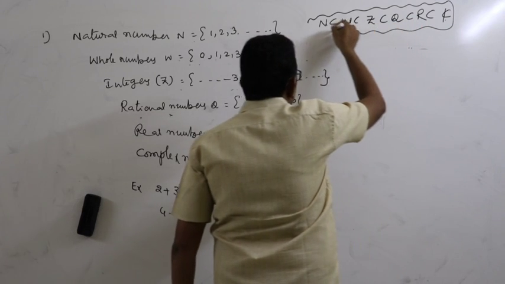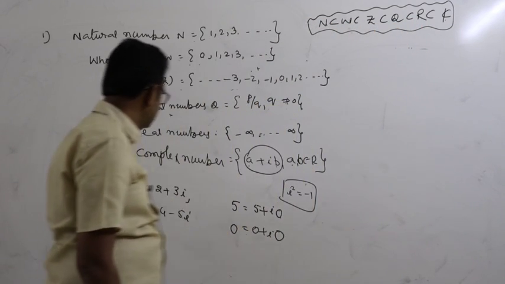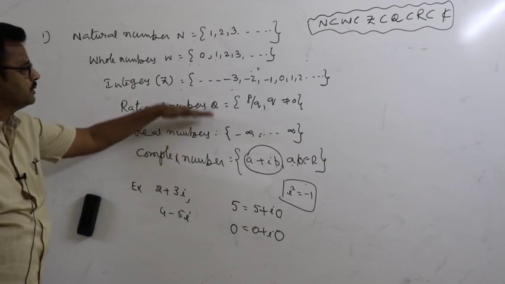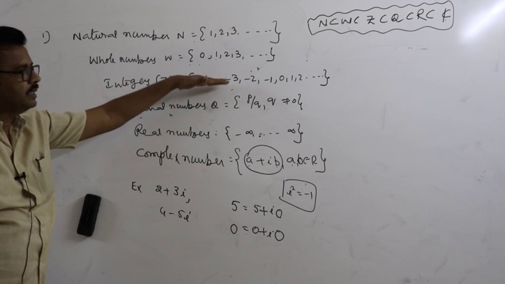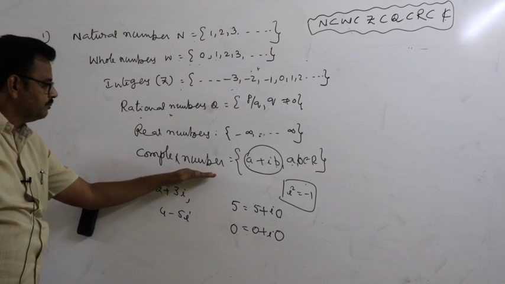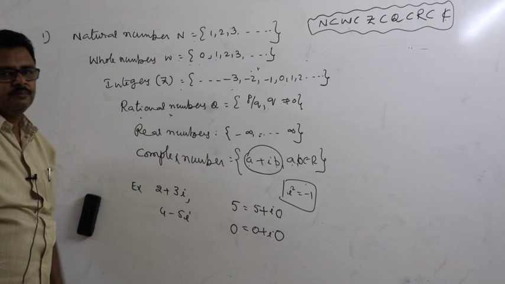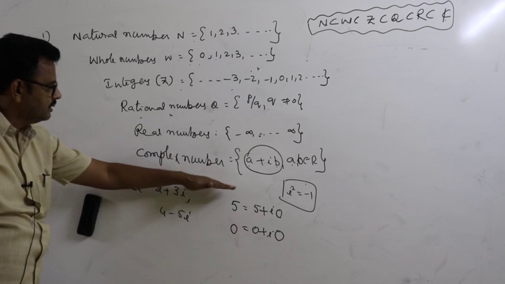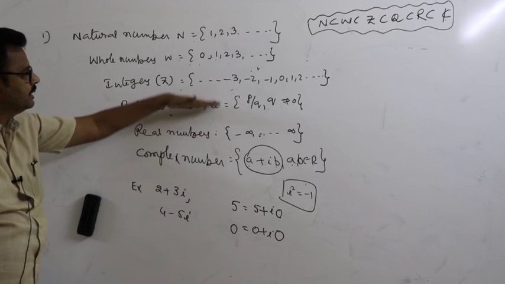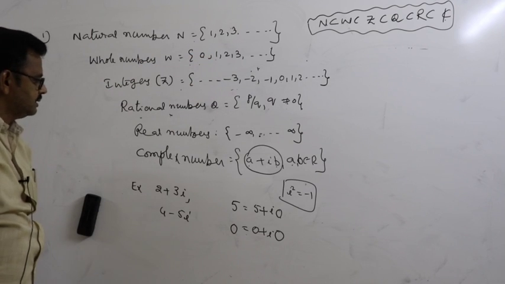In general, we can discuss up to real numbers only presently. Real numbers, and this is complex numbers. That is one difference. Presently, we discuss only this part, real numbers.